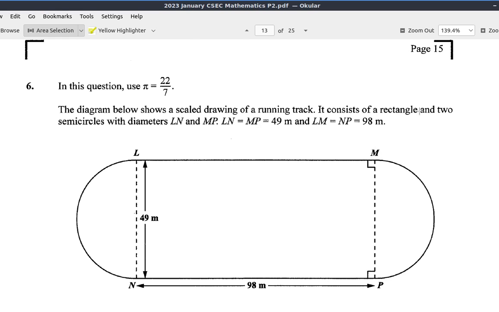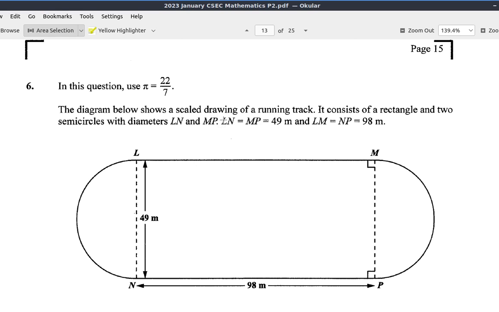It consists of a rectangle. We have a rectangle and two semicircles. So we have the semicircles at the ends here with diameters LN and MP.